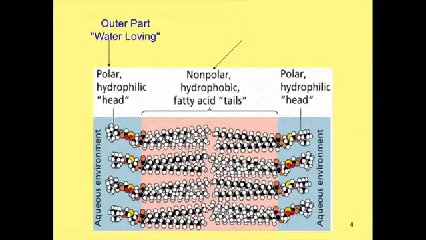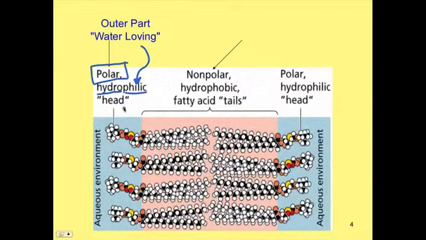The outer part of the cell membrane is the water-loving part. One thing that's key about this, it is polar, and we know that water is a polar molecule. Hydro stands for water. Philic stands for loving.